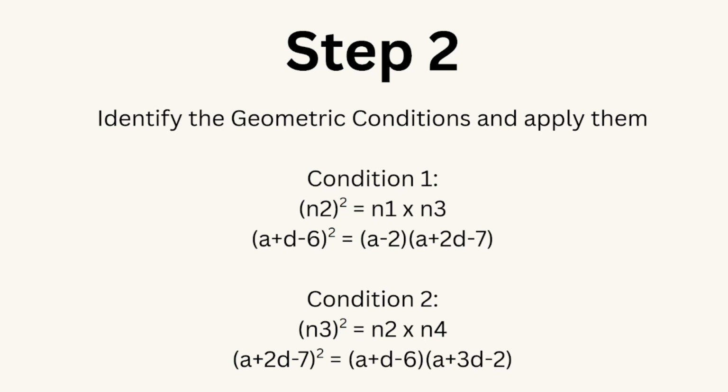By substituting the formulas of the geometric sequence, it will be A plus D minus 6 squared equals A minus 2 multiplied by A plus 2D minus 7 for condition 1, and for condition 2 it is A plus 2D minus 7 squared equals A plus D minus 6 multiplied by A plus 3D minus 2.